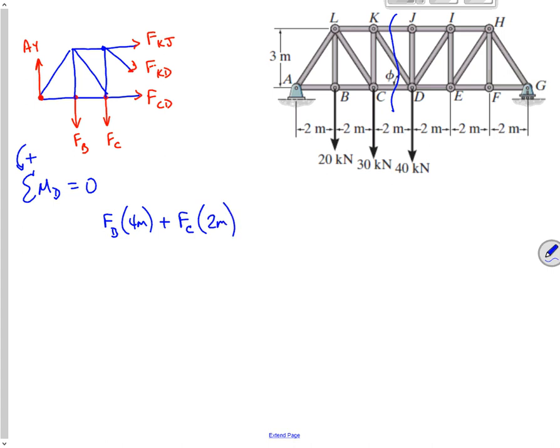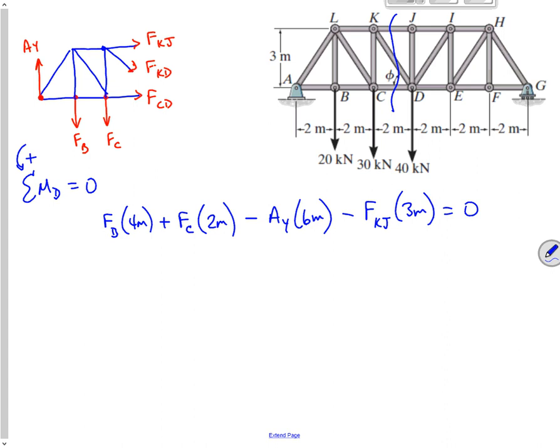Those are both making it rotate counterclockwise. Then AY is going to make it rotate clockwise, at a distance of 6 meters. And then finally KJ, at a distance of 3 meters. And all that has to be equal to 0.